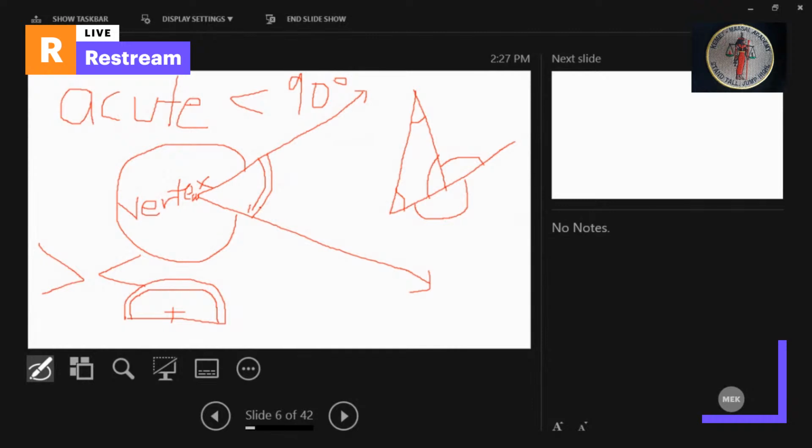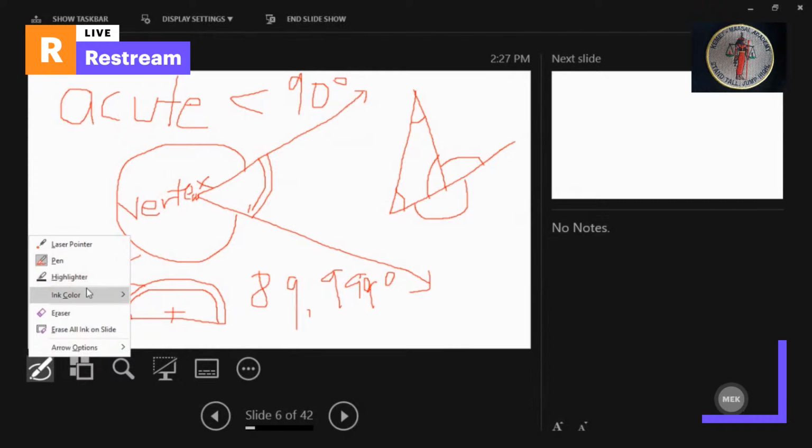If you measure any angle using the protractor, or if you are given the measurement of any angle and it is less than 90 degrees, even 89.999999999 degrees, it's still acute. I'm sure you can think of many numbers, because we would include decimals and fractions.